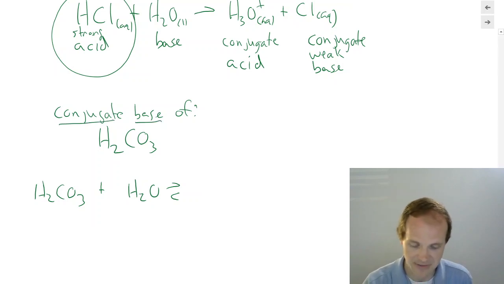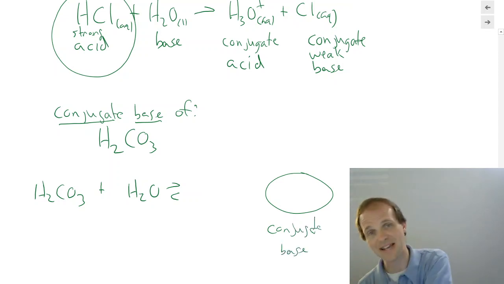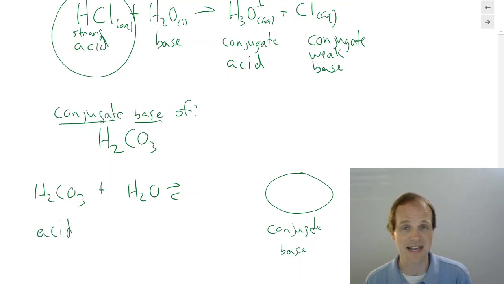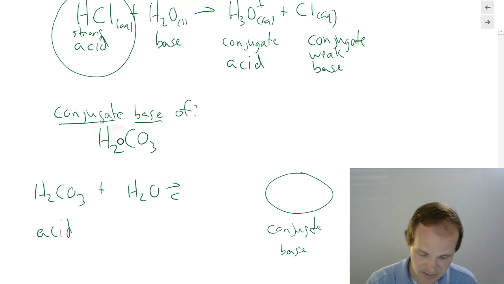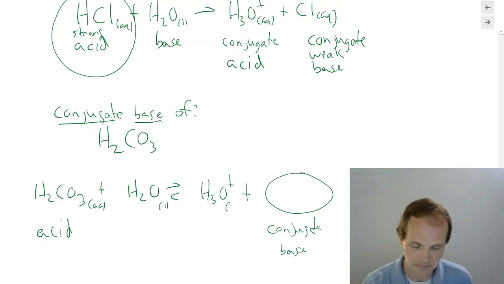In order for something to have a conjugate base over here, that means it needs to have an acid on the other side. So this guy's got to be acting like an acid. If he's acting like an acid, he is giving away an H+, and we're going to have H3O+, plus whatever that conjugate base is there. So we're able to fill in this reaction here.